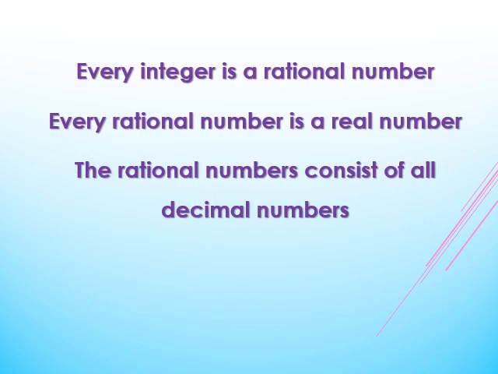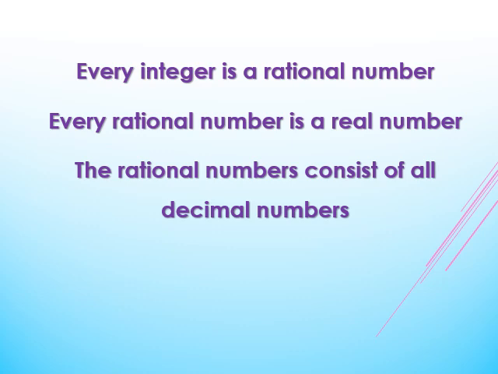So we can conclude these statements from the previous definitions. Every integer is a rational number, of course, because the integers are in the set from negative infinity to positive infinity. Every rational number is a real number, of course, because the real numbers include rational and irrational numbers.